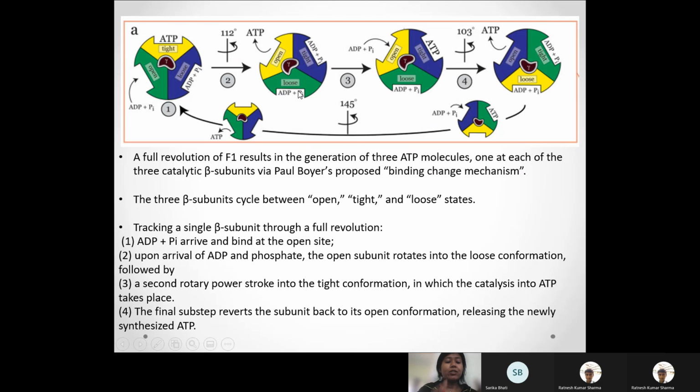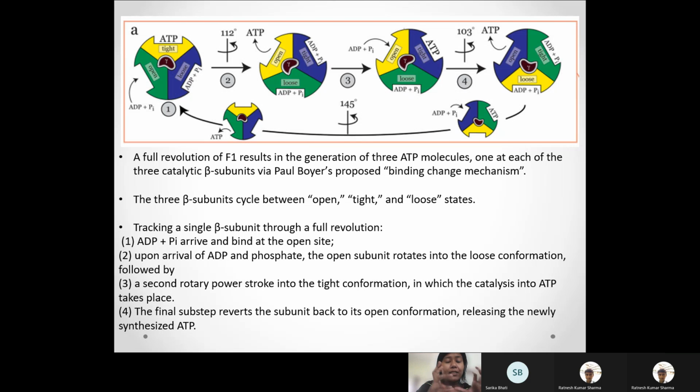The loose conformation is where an empty site is bound by an ADP and PI. And then that moves into the tight conformation, which then catalyzes formation of ATP, the formation of that bond.